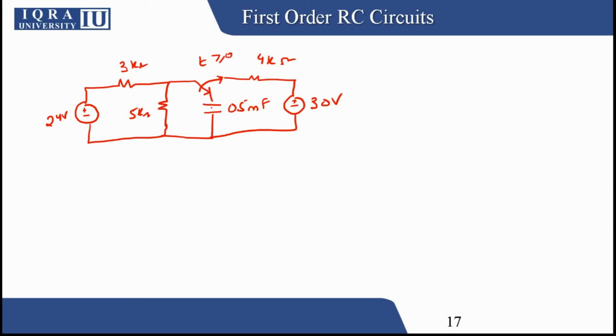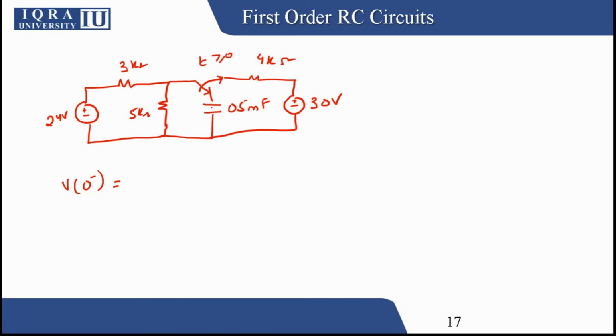So initially, what is the initial voltage just before 0? Let's suppose just before 0 we have the voltage. As we know, the capacitor is open in a DC circuit, and the initial assumption is that the capacitor is fully charged, and this is the open condition. So the voltage across the capacitor will be across 3 kilo ohms and 5 kilo ohms.